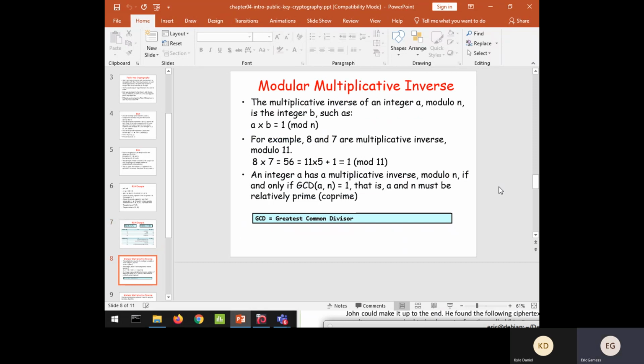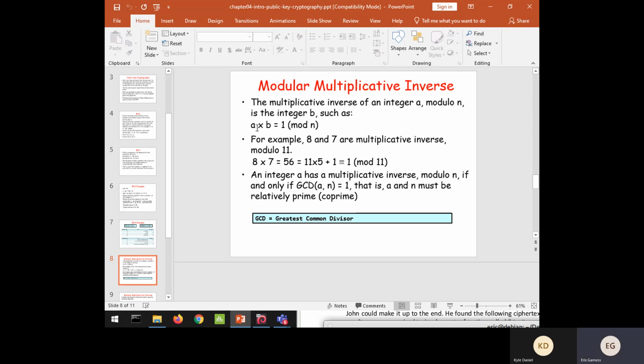To do that, we need to compute what we call the modular multiplicative inverse. The modular multiplicative inverse of an integer a is another integer b, such that a times b is congruent to 1 modulus n.